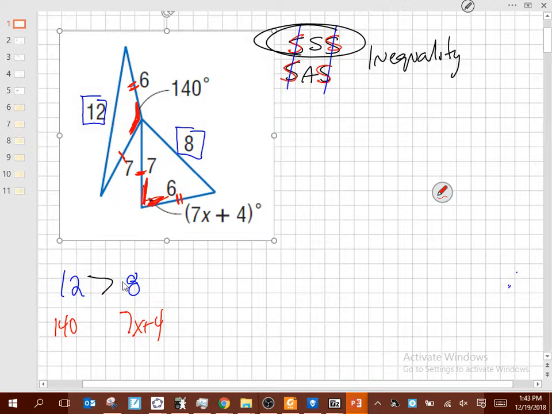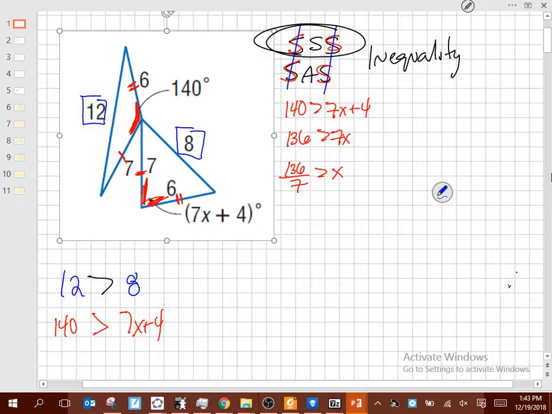So if 12 is bigger than 8, 140 is bigger than 7x plus 4. Does that make sense? Okay. And now all we've got to do is solve that inequality. 140 is greater than 7x plus 4. 136 is greater than 7x. 136 over 7 is greater than x.